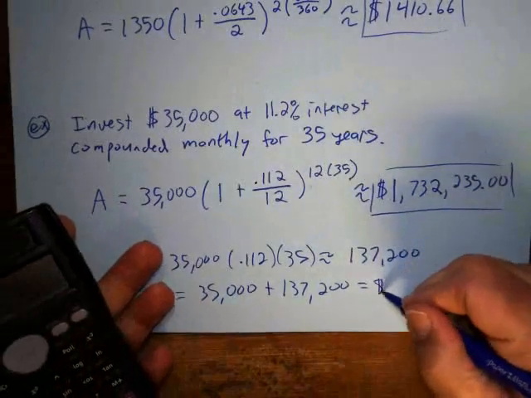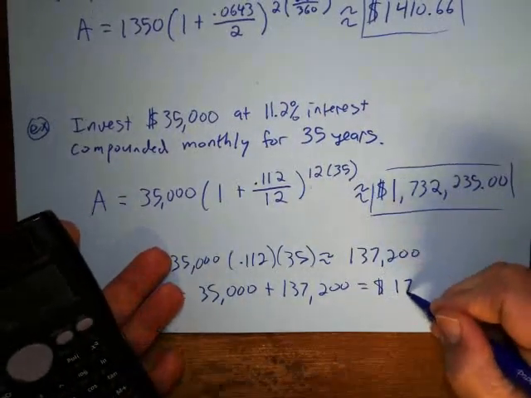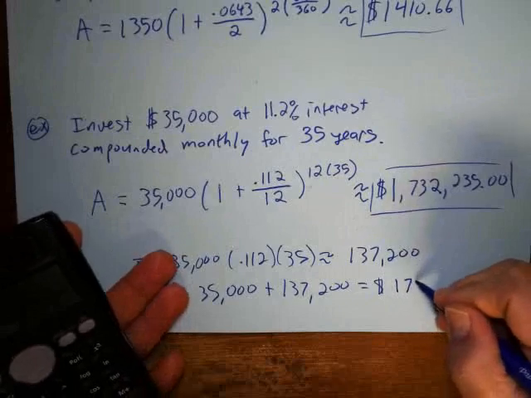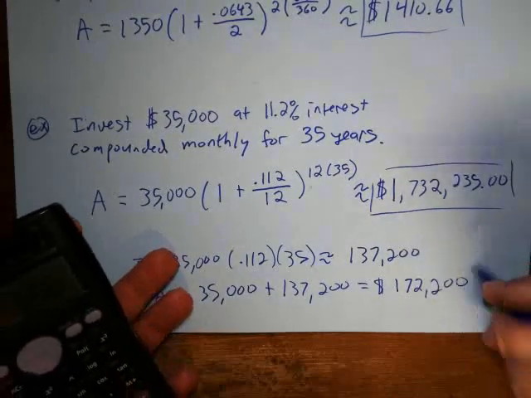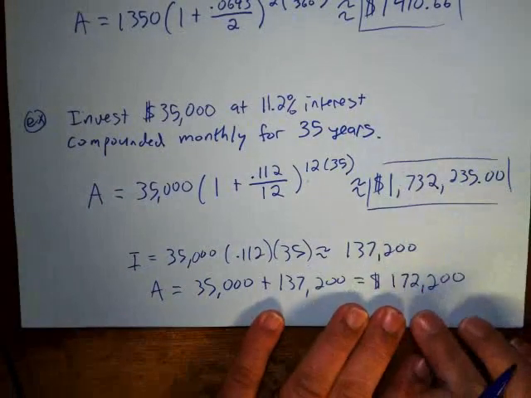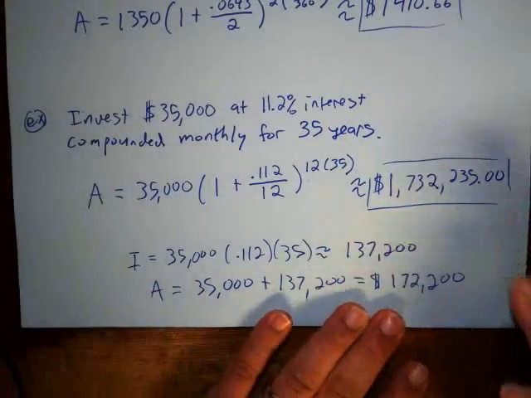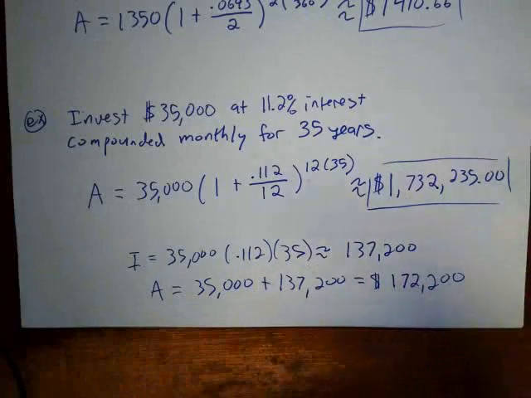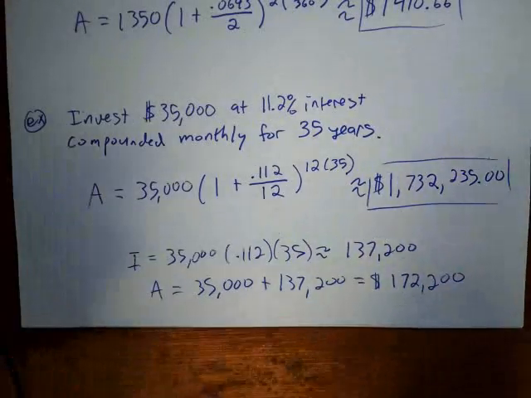And so your investment here would be $172,200. So in simple interest, you don't even make $200,000, but with compound interest, you make a huge difference. The difference is very big.